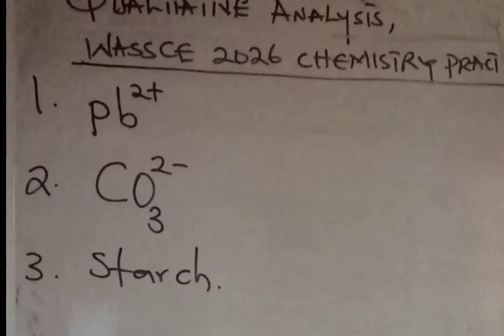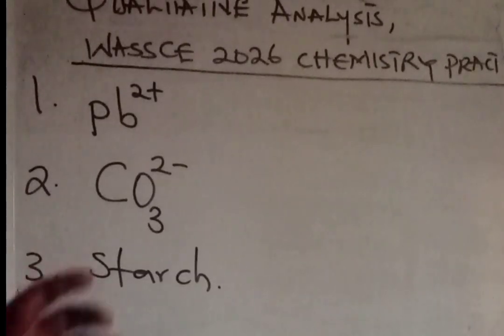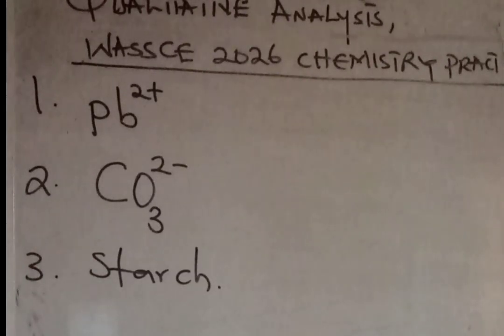Also, all the possible tests that can be used to detect the presence of trioxocarbonate 4 ion, CO3 2-, in a chemical solution. And then how to test for starch. So without wasting much of your time, let us start with the preliminary tests.